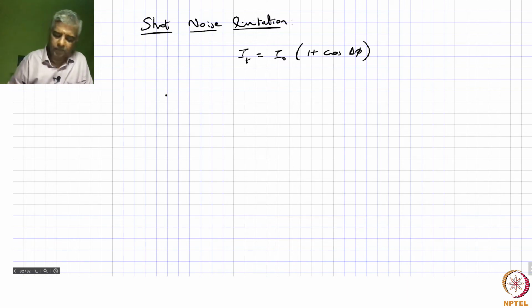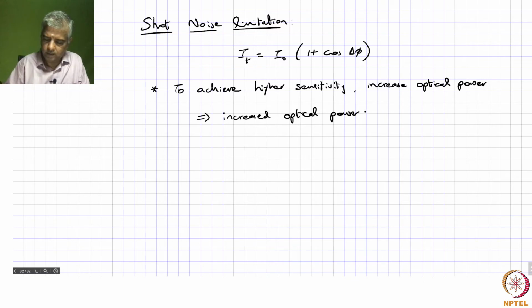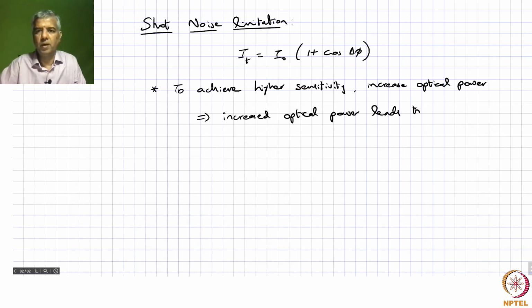However, we know that, so what we are saying is, to achieve higher sensitivity, increase the optical power that's reaching the receiver, but this implies that increased optical power leads to more photons arriving at the photodiode, and we saw previously that more photons means more uncertainty with respect to their arrival times, and that leads to shot noise, right?